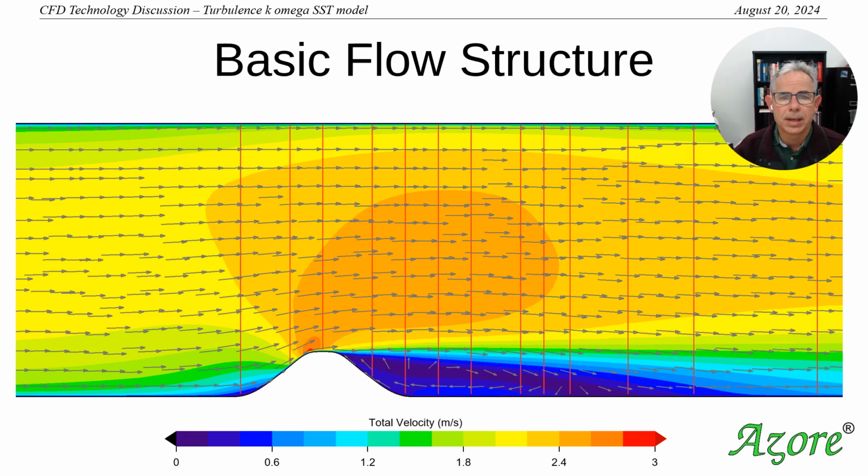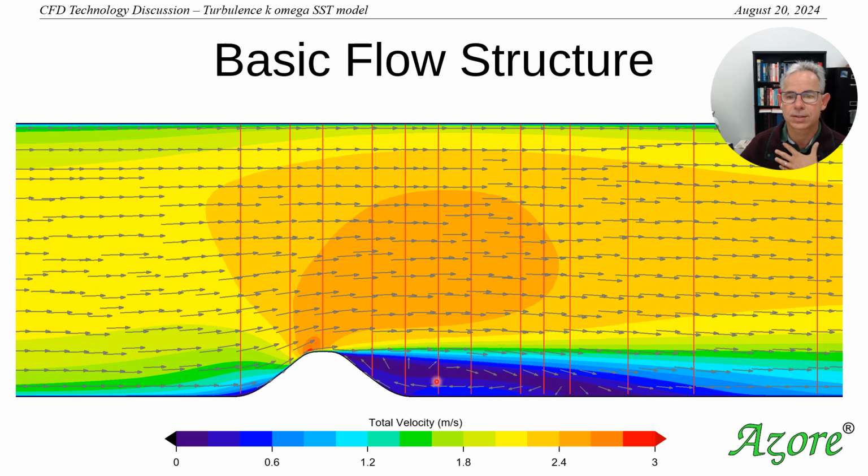Maybe I'll start by looking at what the nominal velocity field will look like in this particular case. We have a parabolic, fully developed velocity profile approaching the hill. Then as it goes over the hill, the flow accelerates. We're looking at total velocity right now. You can see by the colors that the velocity is increasing.